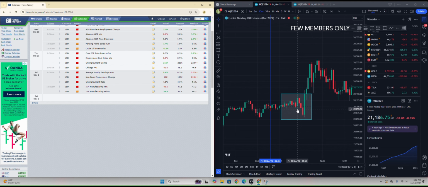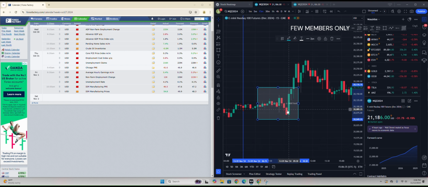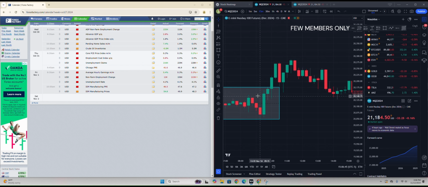Now, at 8:30, you can see that the candle opened here and it went down, and then it went up to right here, and then closed right here.